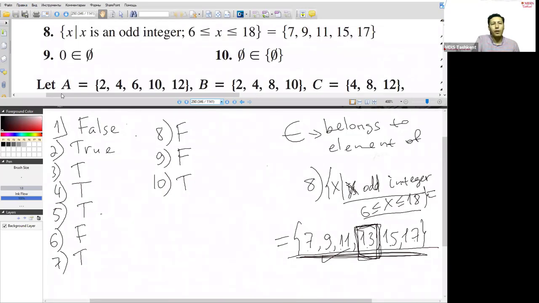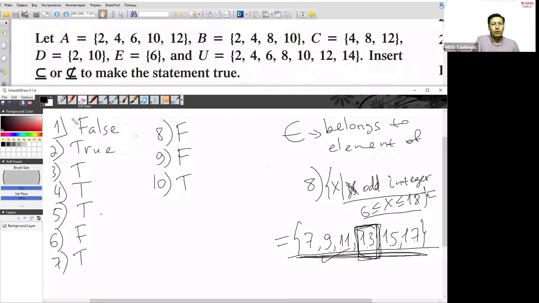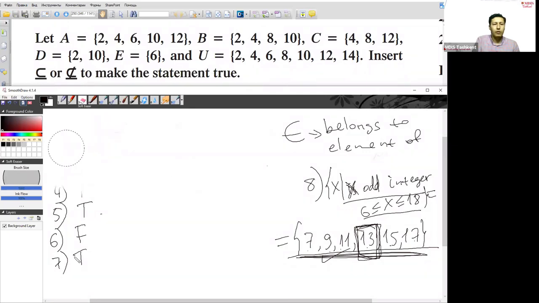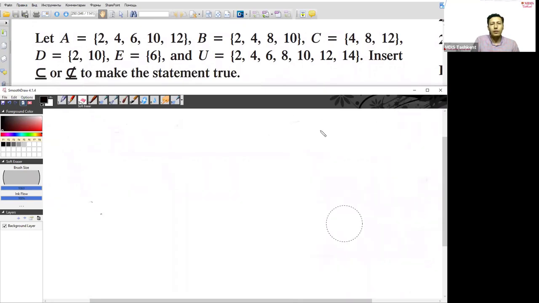Okay. So next, I'll open this and move on to the next question about subsets. So I have universal set U: 2, 4, 6, 8, 10, 12 and 14.